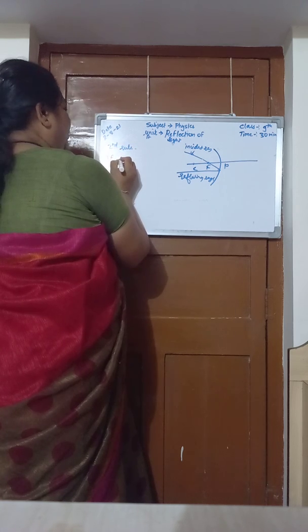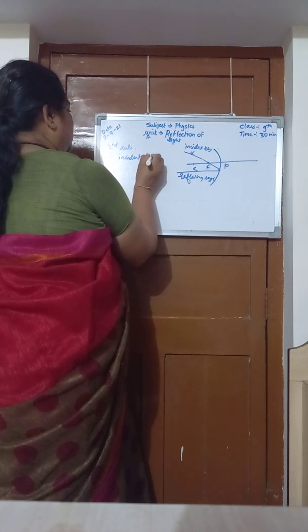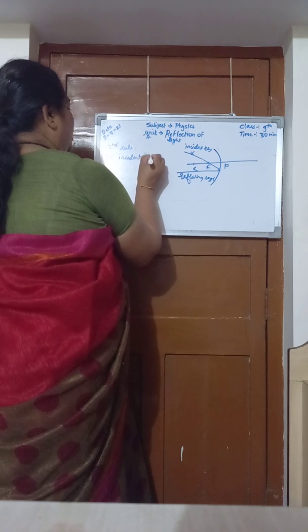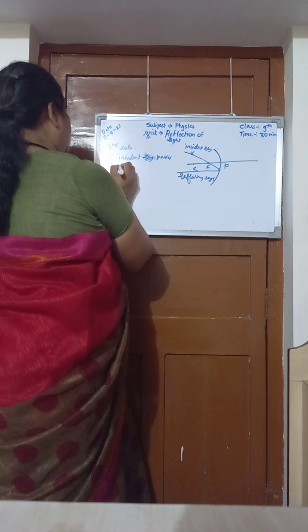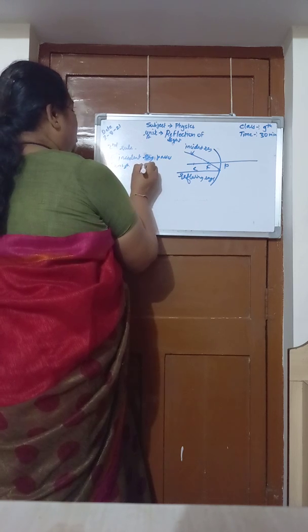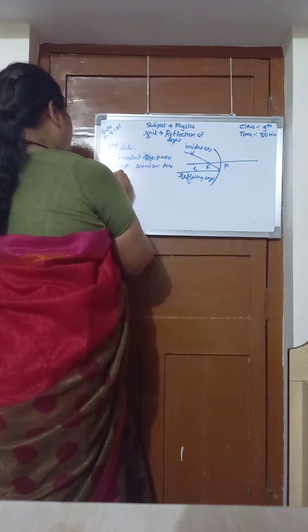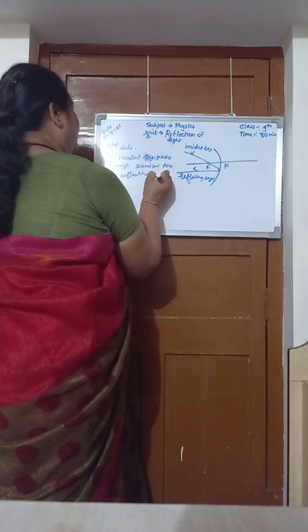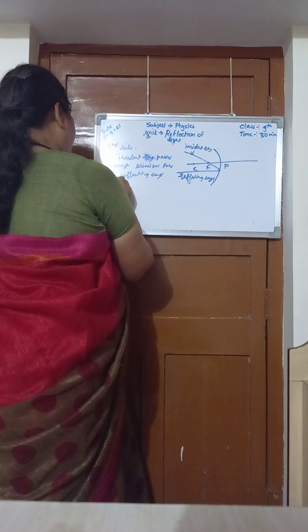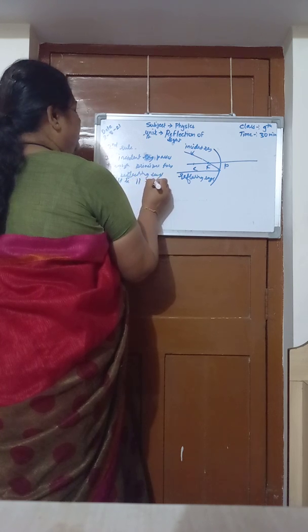Write down here, second rule. If the incident ray passes through the principal focus, then the reflecting rays will be parallel to the principal axis.